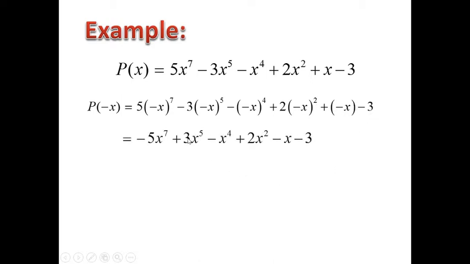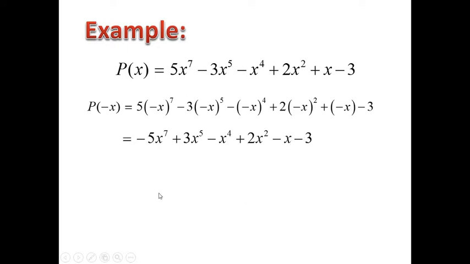And then simplify. For the odd number powers, it's going to be negative again, but negative times negative is what? Positive. And then negative times positive is still negative. And then positive times positive, which is what? Positive. And then positive times negative, which is negative. So minus 3, just simply bring it down.